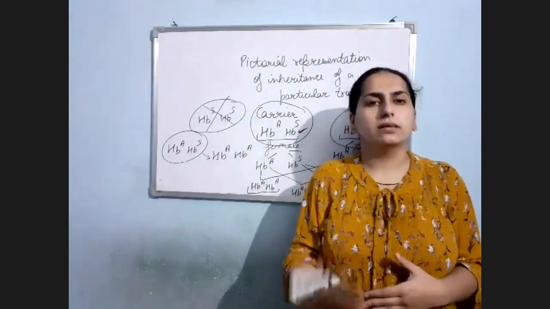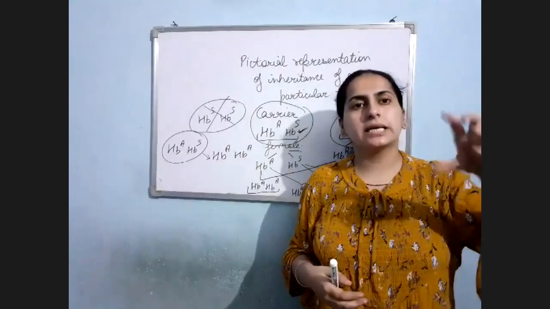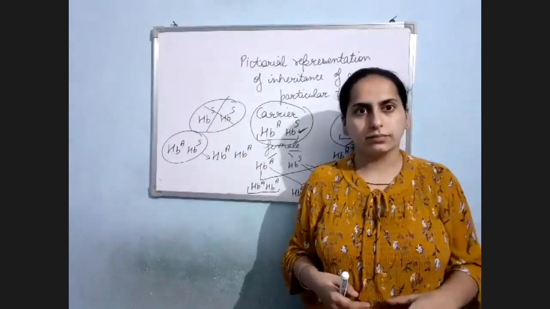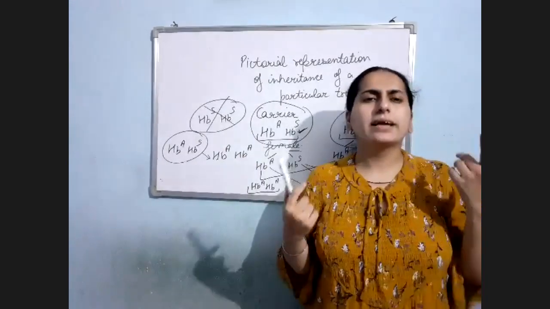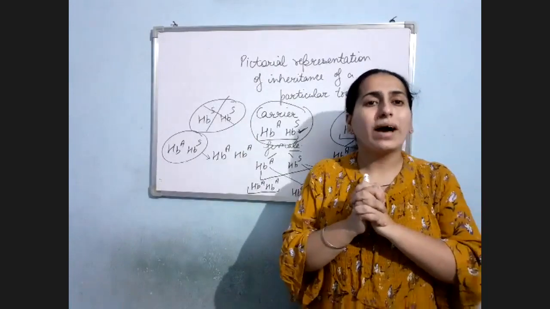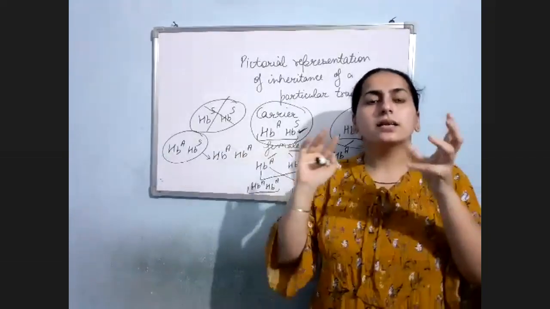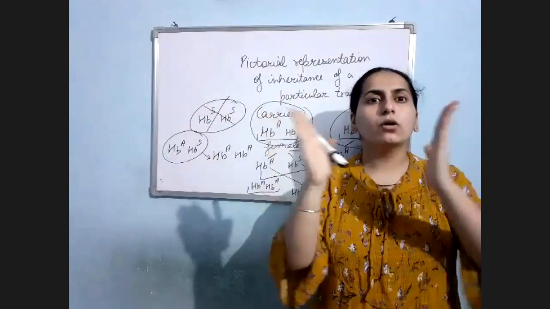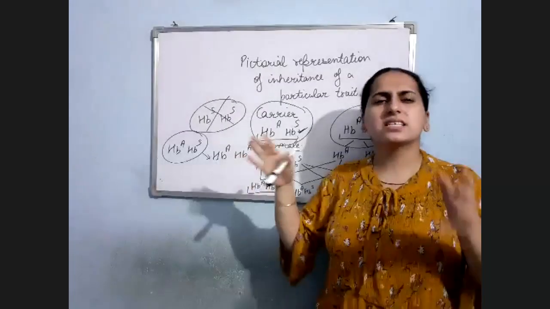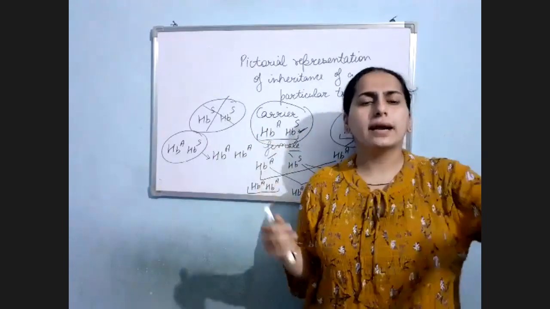We can study the inheritance pattern of a particular disease, how a particular disease is getting transmitted from one generation to another. Third, you might have heard that marriage between close relatives should be avoided. Why? There is a genetic reason behind this. Generally, what is there in close relatives? The alleles are quite common as they have either the same grandparents or great grandparents.